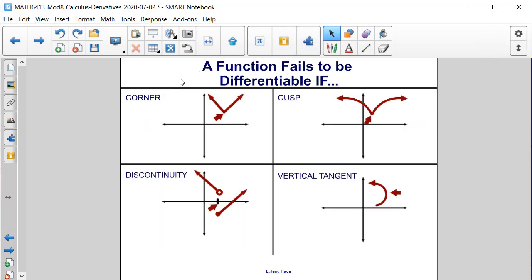So a function fails to be differentiable if it contains a corner, a cusp, a vertical tangent, which would be this, or it's discontinuous. There's a big jump from one piece to another. So these are all ways in which a function fails to be differentiable. This is the visual aspect explaining that list from before.